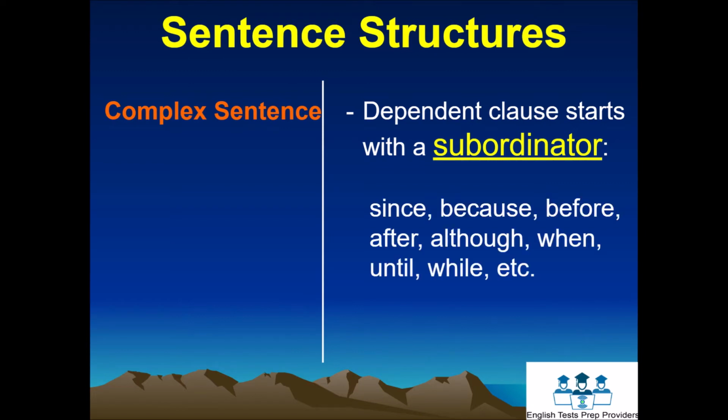Here are examples of the subordinators where dependent clauses start with: since, because, before, after, although, when, until, while, and others. So here are the examples of the subordinators. Remember, we use subordinators to start a dependent clause. So it means to start an incomplete sentence.